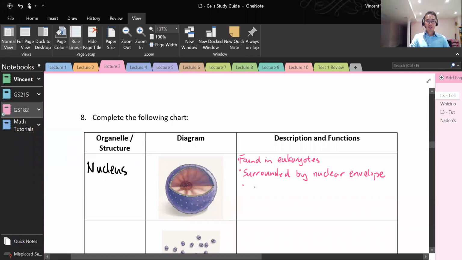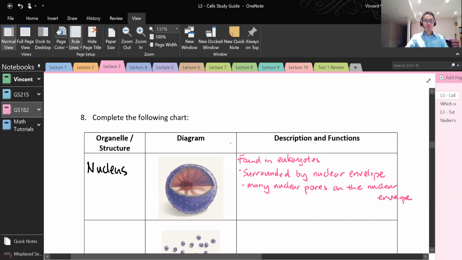On the nuclear envelope, there are many nuclear pores, which allow things to go in and out of the nucleus. You can see all these nuclear pores right here.